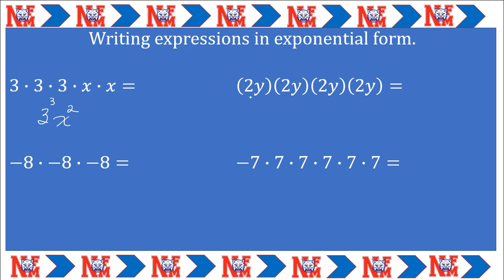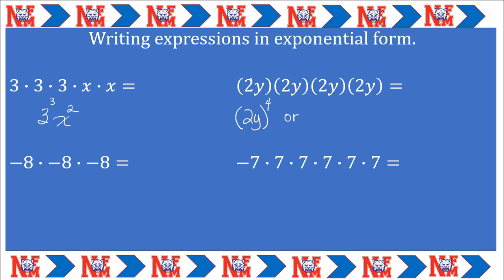The next problem, there are 2 different ways and you need to be able to identify both ways. So I have 2y times 2y times 2y times 2y. So my base, the way it's written here, is 2y. And we need parentheses, and we have it raised to the 4th.